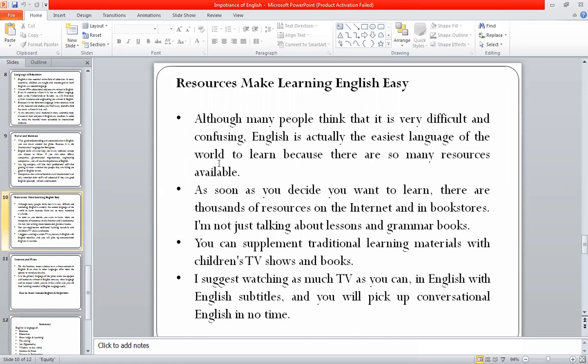You can supplement traditional learning materials with children's TV shows and books. Okay, so if you are getting problems regarding this language, you can watch children's TV shows.